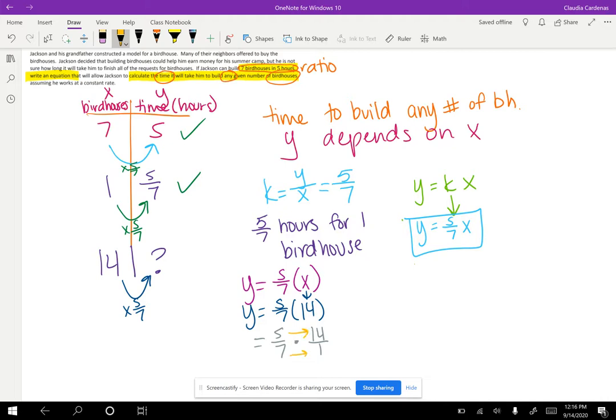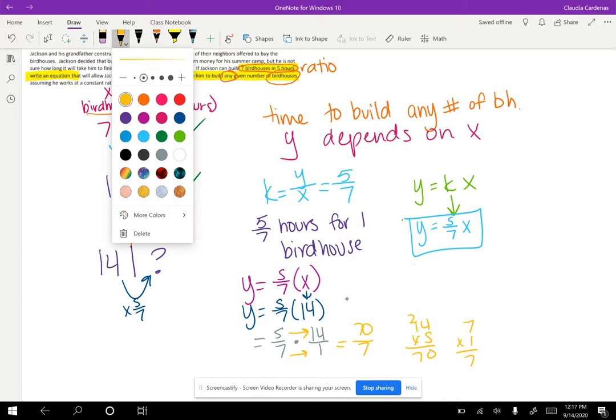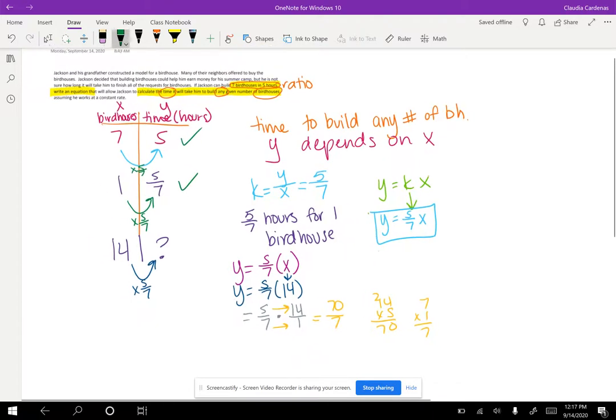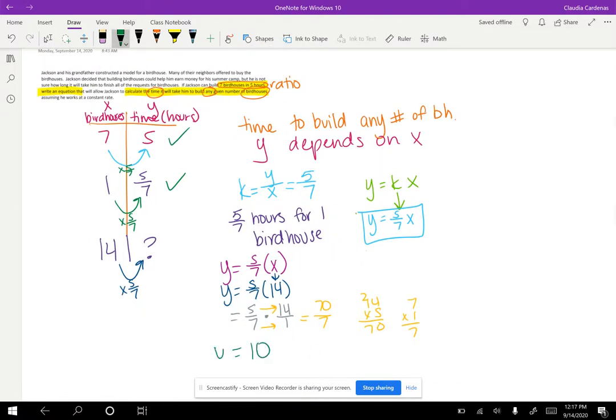We multiply straight across, so 14 times 5, and then 7 times 1, and we get 70 over 7. Now, can we simplify this fraction? Yep, we can. 70 divided by 7 is 10, so y equals 10, but more specifically, our label is 10 hours. So I can put that into our table here.